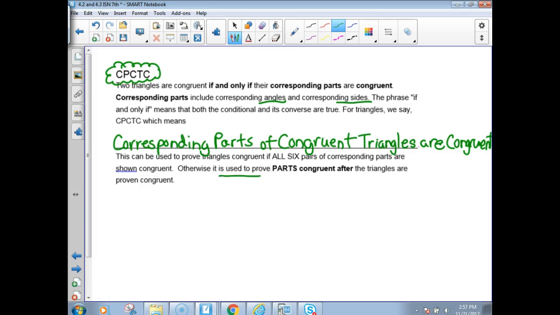We're going to use this to prove parts congruent after the triangles are proven congruent. We're going to be using it in our proofs at the very end. So we're going to be proving triangles congruent by some other methods that I'll start teaching you on Monday. And then at the end, we can say the rest of the parts are congruent by CPCTC.